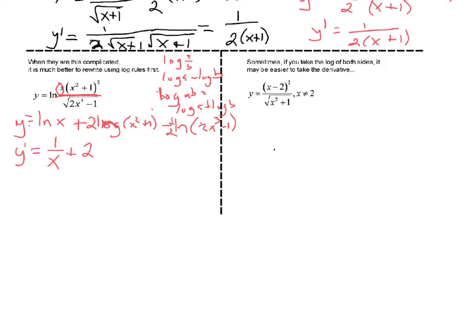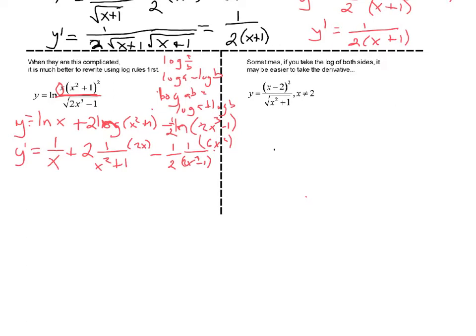So 2 and then 1 over x squared plus 1 times the derivative inside of there, so times 2x minus, and then we have 1/2, and then the derivative of a natural log is 1 over 2x to the third minus 1, and then times the derivative inside, so times 6x squared.